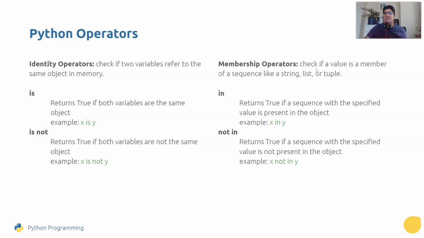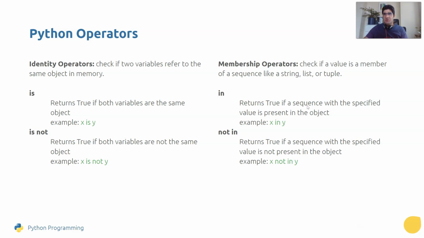Membership operators check if a value is a member of a group of values. For example, if a character or a substring is part of a string or not, or if you have a set, list, or dictionary, we can check whether a value exists in this dictionary or list or not.